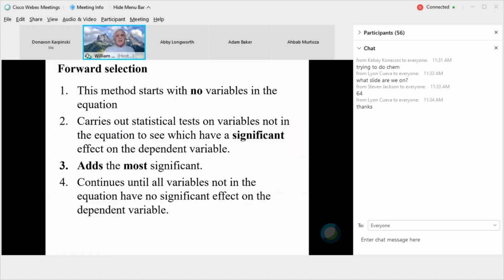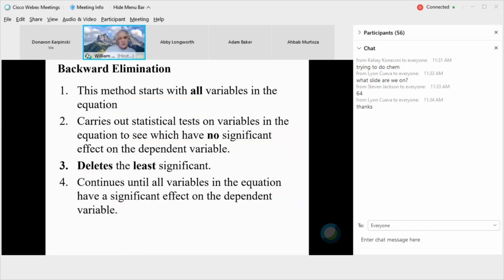So forward selection starts with no variables in the equation, carries out tests on variables that are not in the equation to see which have a significant effect, and then adds the most significant one. It continues until all variables not in the equation have no significant effect on the dependent variable. Backward elimination starts with all variables in, then carries out tests to see which variables have no significant effect, deletes the least significant, and continues until variables in the equation all have a significant effect.